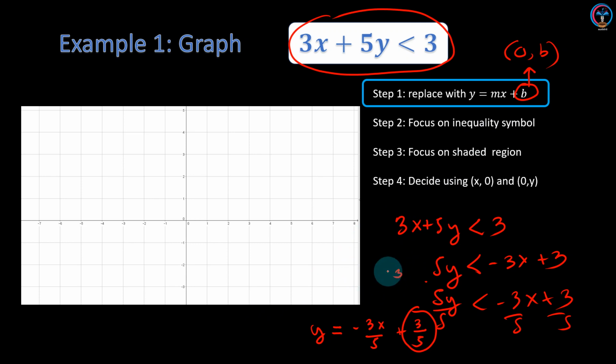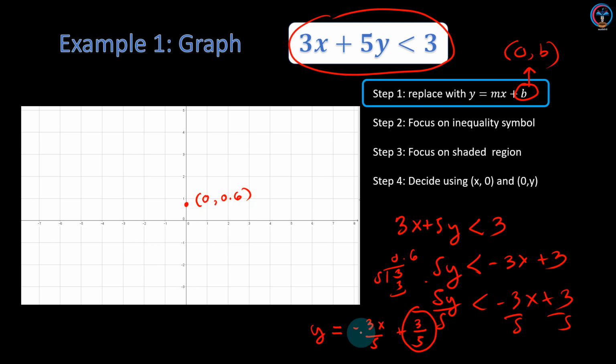3 divided by 5 is 0.6. So x is 0 and 0.6 is our y. There you have it, we have the y-intercept. And the slope is negative 3 over 5.